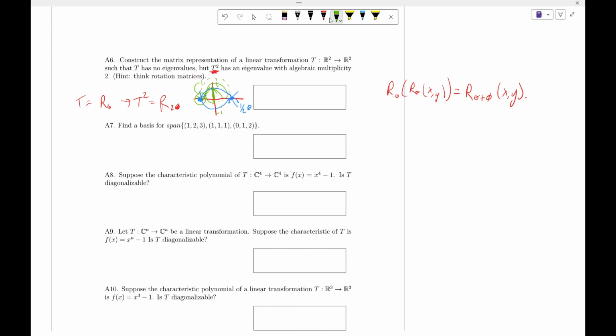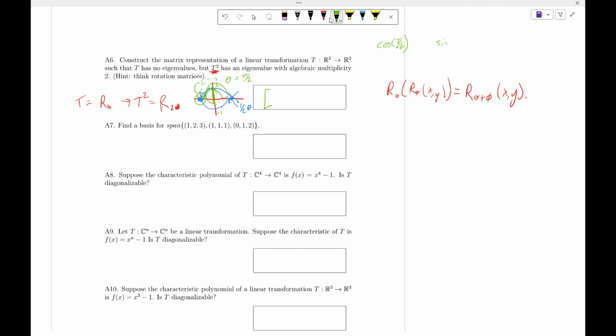But now, what gives me this half angle? Well, theta equals pi by 2. So if theta equals pi by 2, then what's cos of pi by 2?